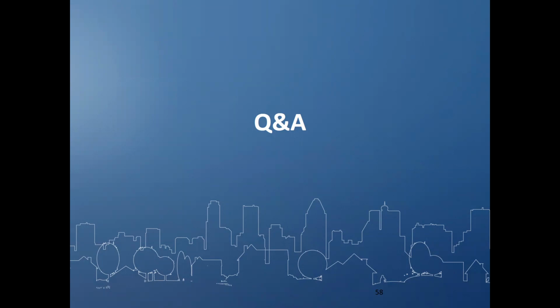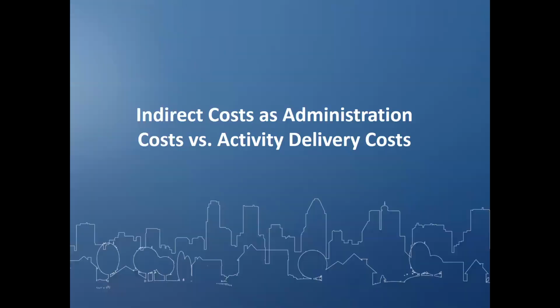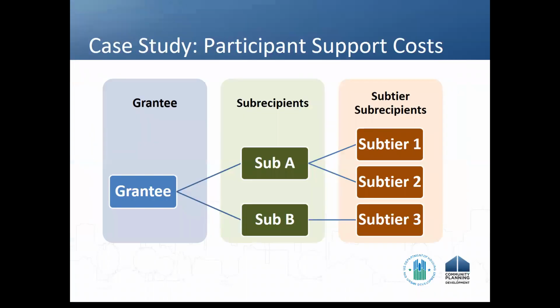Let me see here which slide it was that we looked at. The one where I was showing the, so if we can go to slide 39. Every entity, whether it's the grantee or a subrecipient or a subrecipient's subrecipient, is allowed to charge indirect costs.